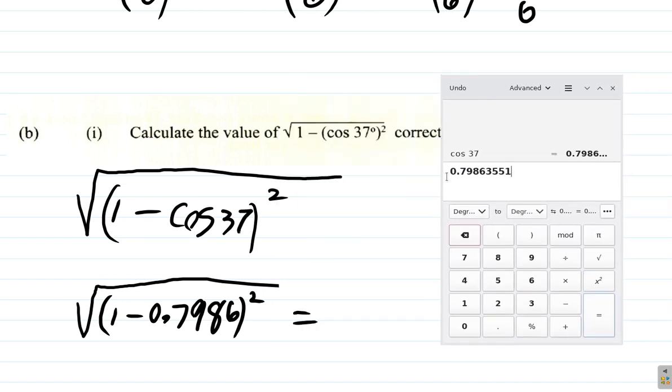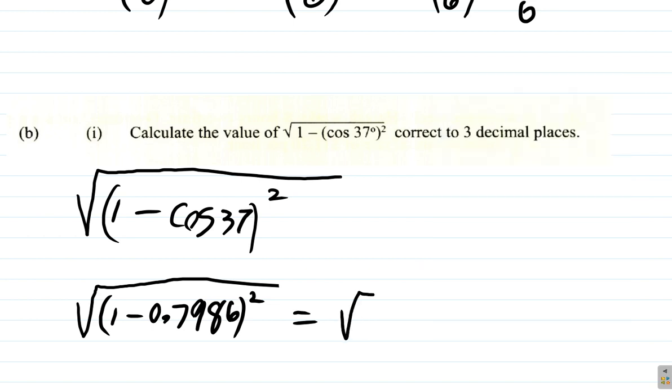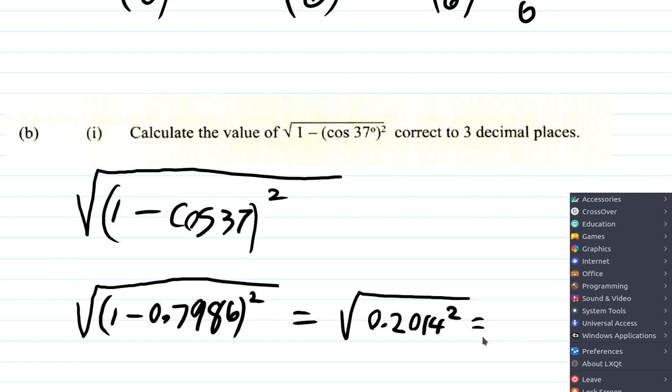Here, 1 minus the 0.7986 is equal to 0.2014. So we're going to have the square root of 0.2014 squared, and we see what that will be.